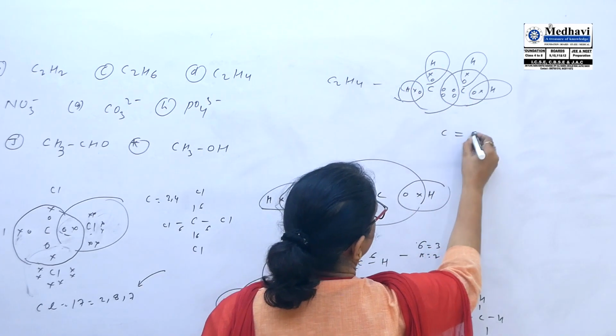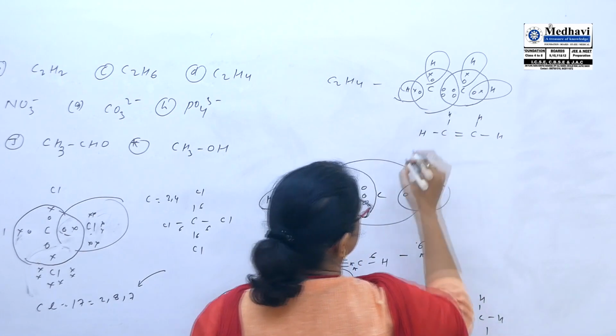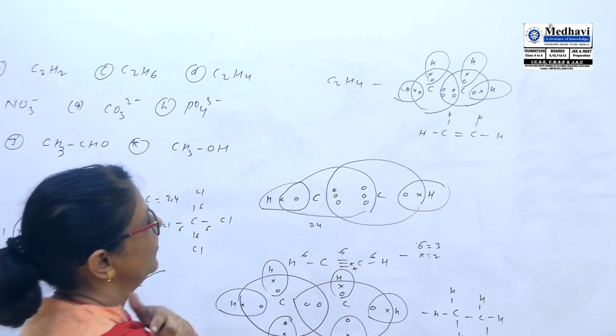So this is a double bond. In this way, this is ethene.